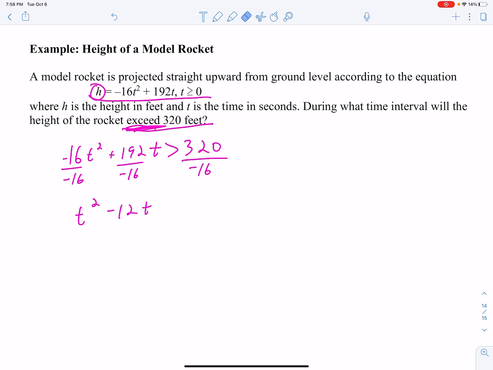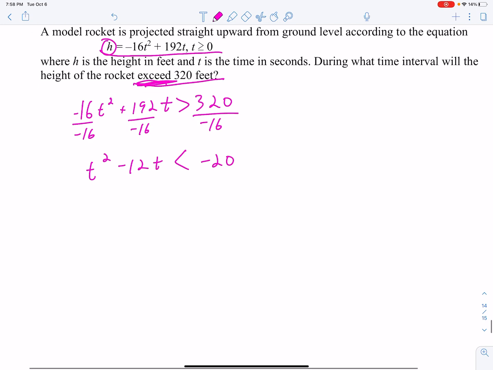This is negative 20. Remember, when we multiply or divide by a negative number with inequalities, we need to flip the inequality. So now it's less than instead of greater than. Whenever you multiply or divide an inequality by a negative number, you flip the inequality.